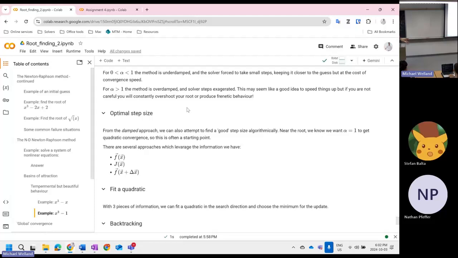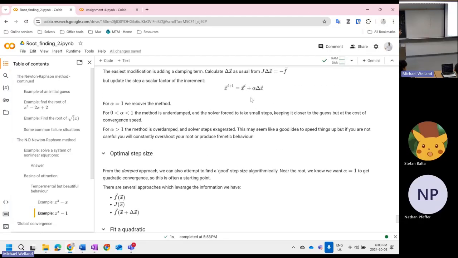Or we could be a bit smarter with this and harken back to yesterday's lecture when we talked about root finding, except this time in the context of minimization. I know I'm getting into it backwards. Given the general idea of the damped approach, we have this scalar that we're multiplying by the direction, right? Again, we're talking about linear systems. What do we do with the linear systems? We optimized alpha.